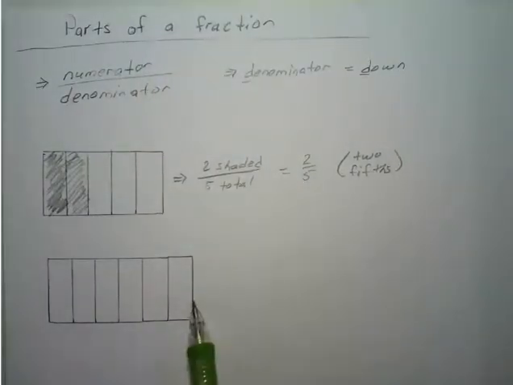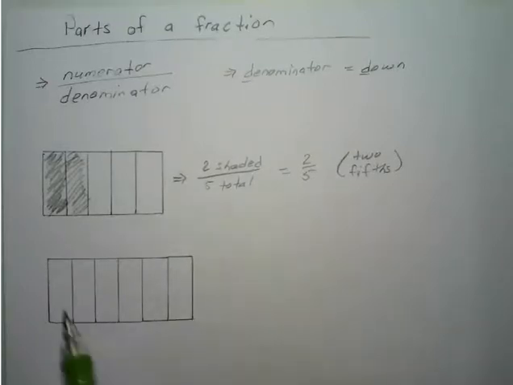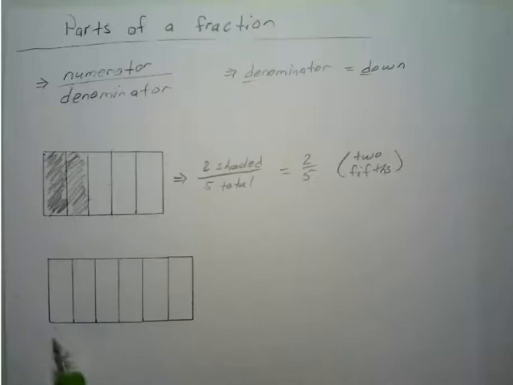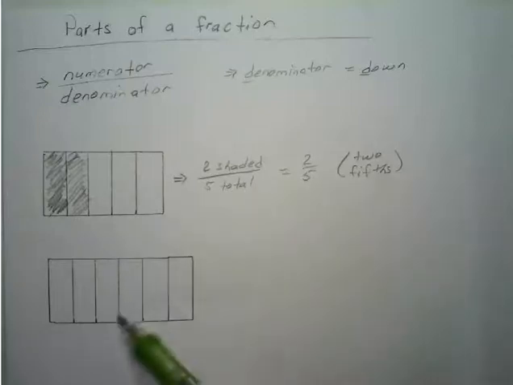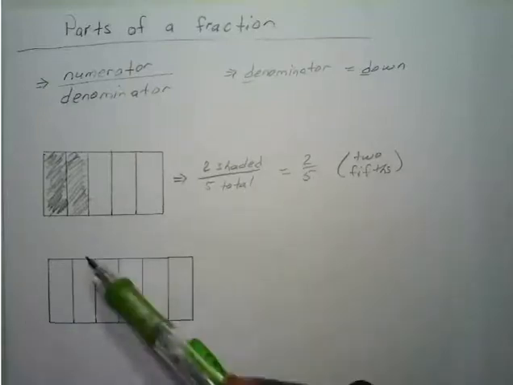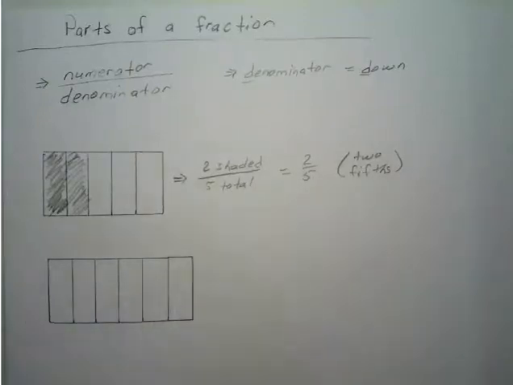All right, so let's go to the shape down here. Let's say we have our one entire part, but we have 1, 2, 3, 4, 5, 6 equal sections. So we have that one total figure cut into 6 equal sections.